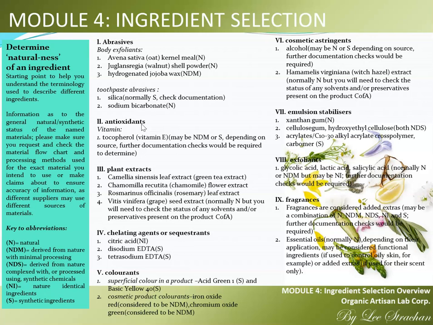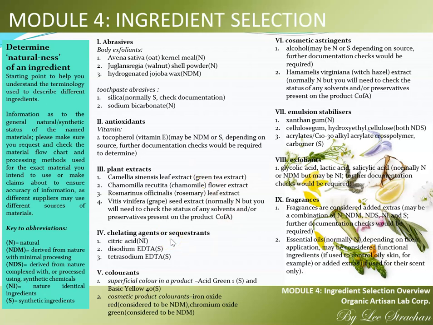It may be NDM or synthetic. So there are synthetic types of vitamin E, and there are NDM, or derived from nature with minimal processing. So this will depend on your source, and you need further documentation checking to be able to determine the exact naturalness of this ingredient. For example, chelating agents or sequestrants.